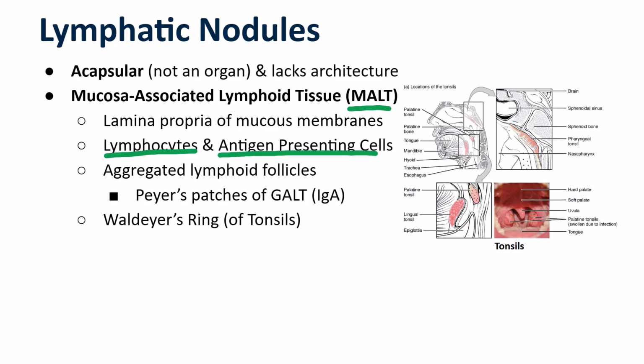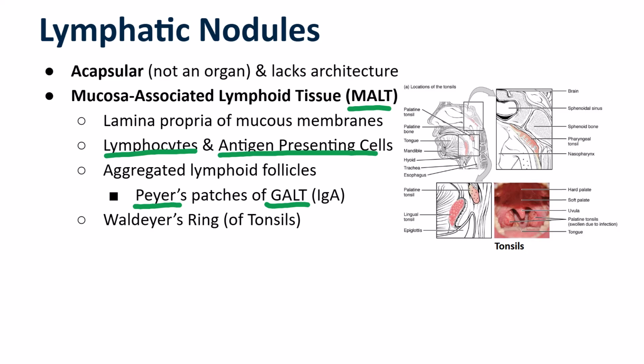Now, there are aggregated lymphoid follicles, so clusters of these, and specifically, we call these Peyer's patches, named for a 17th century Swiss anatomist, Johann Peyer. These Peyer's patches we call GALT, for gut-associated lymphoid tissue. And this GALT is in high concentration throughout the ileum.